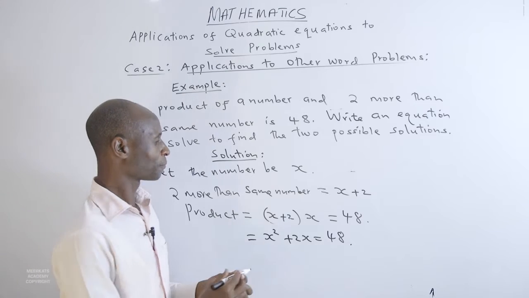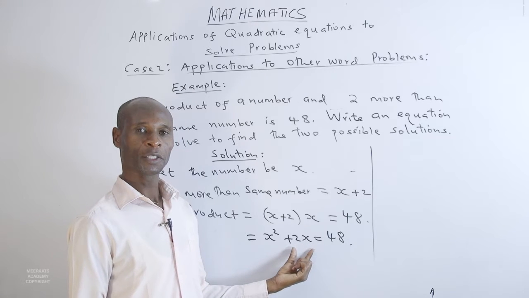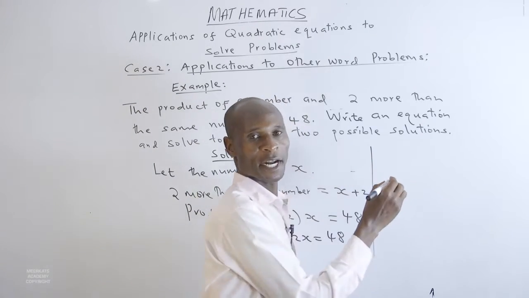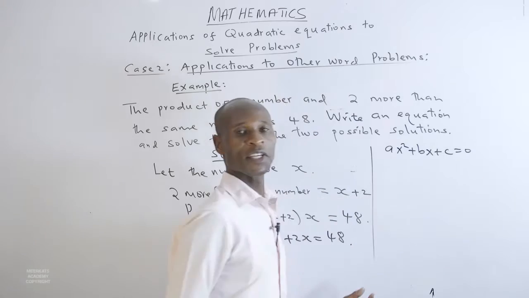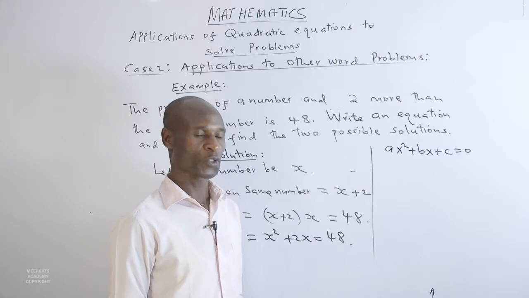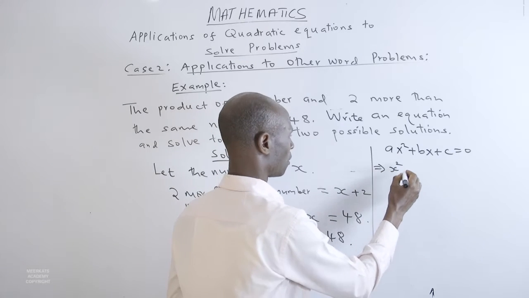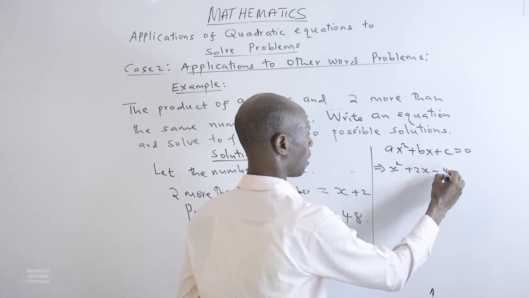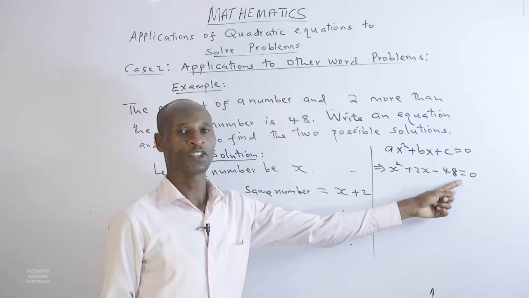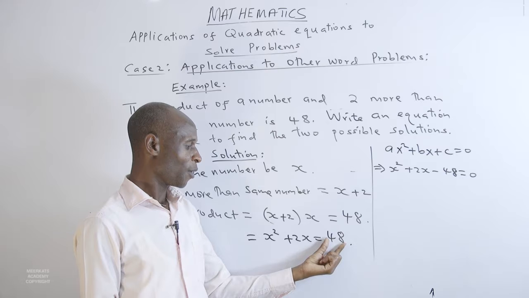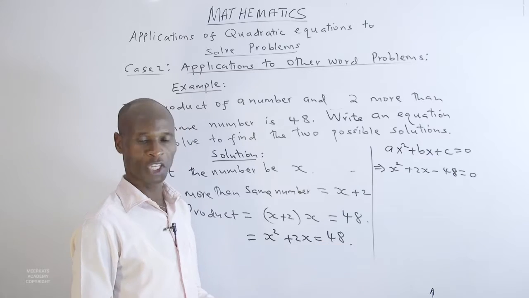Now, at that point, we are supposed to write our equation in the standard form of a quadratic equation, which is ax squared plus bx plus c equals 0. So here we shall have x squared plus 2x minus 48 equals 0, because we need to collect 48 to the left-hand side. Because it's positive, we subtract 48 from both sides.